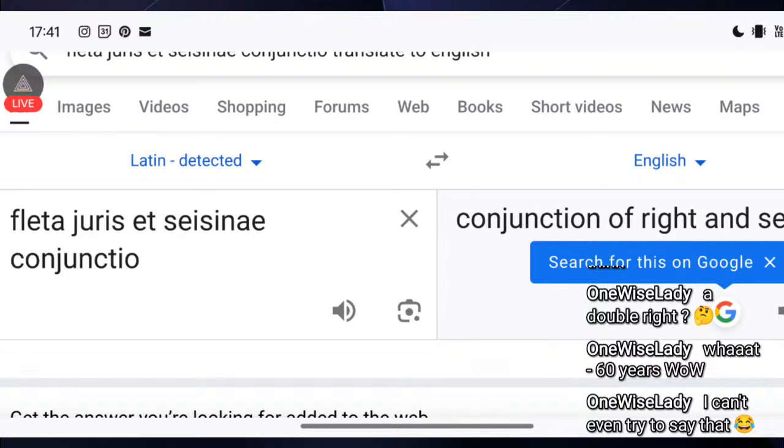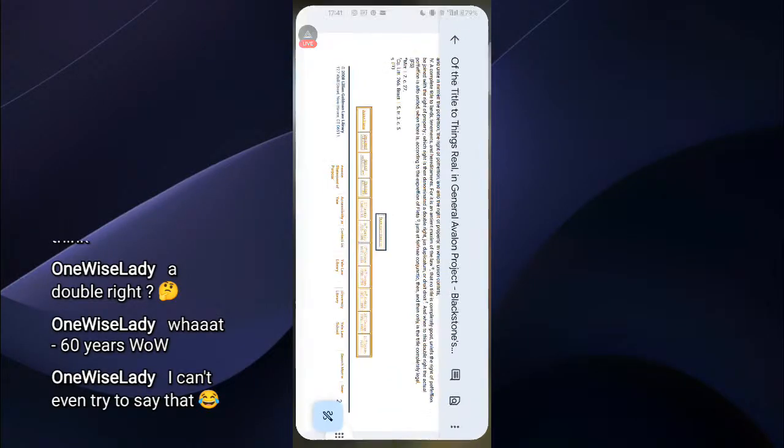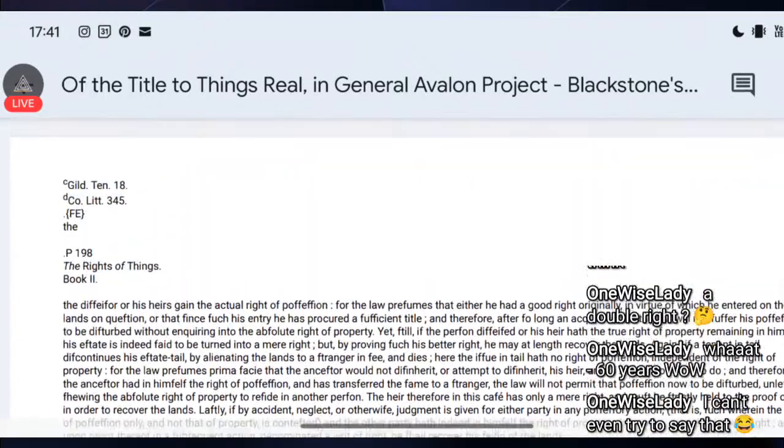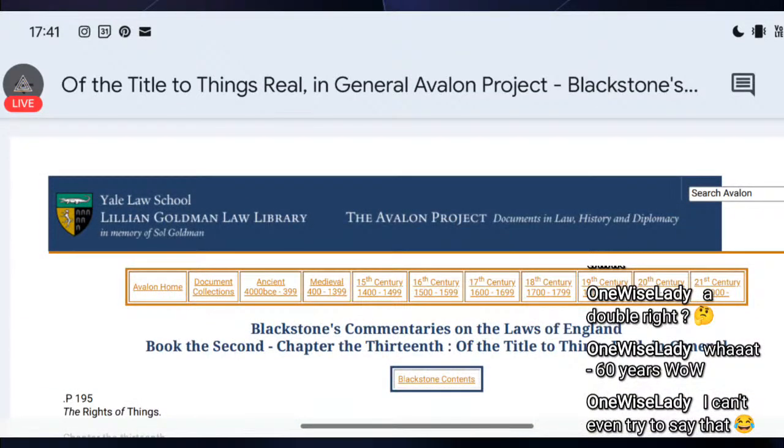That's what it means. So there you go. Lands, tenements, and hereditaments.